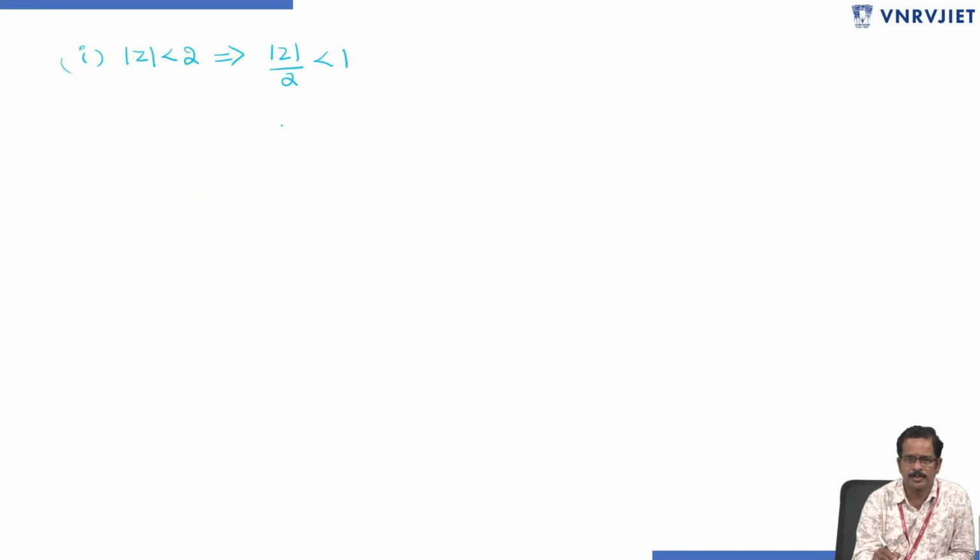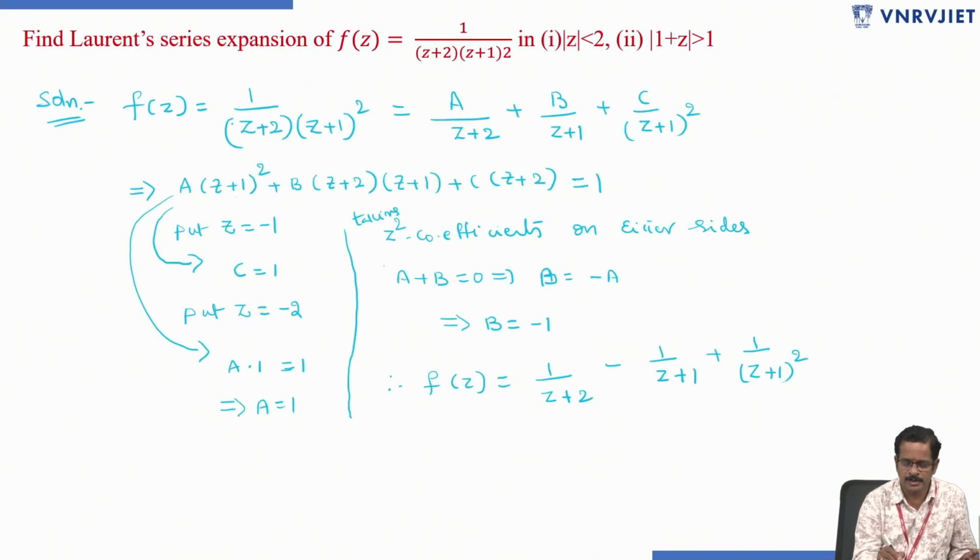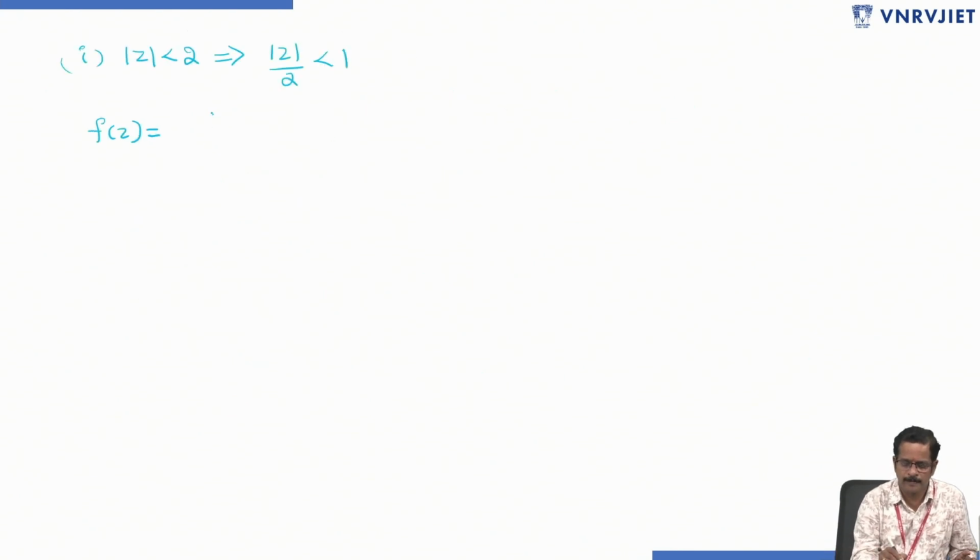In terms of z by 2 less than 1 we need to write. So f of z, the given function, equals 1 by z plus 2 minus 1 by z plus 1 plus 1 by z plus 1 whole square.